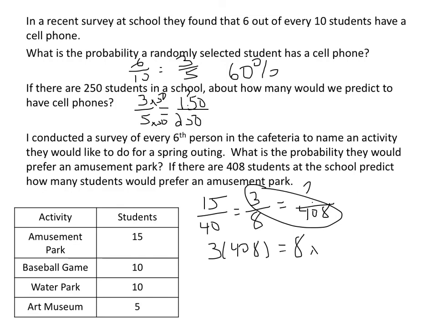So 3 times 408 gives an answer of 1,224, which equals 8x. Then I'm going to divide by 8, and I get 153 students. So I would expect about 153 to prefer the amusement park if I polled the entire school.